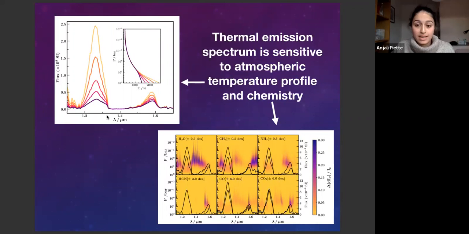The flip side of that is that when we're interpreting thermal emission spectra, it's really important to understand these temperature profiles, both in terms of if you're doing an atmospheric retrieval, it's very important to parameterize your temperature profile or model it in a way that means you can properly interpret that spectrum. And in general, it is very important to understand the different processes and to know what we're expecting, because it can have a huge impact on what you infer from the thermal emission.